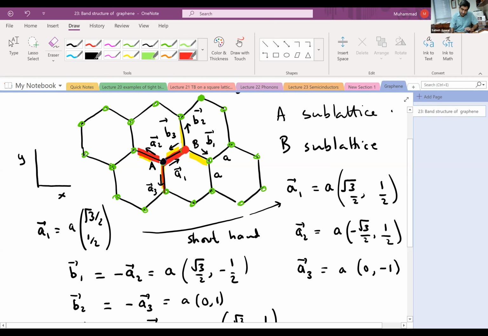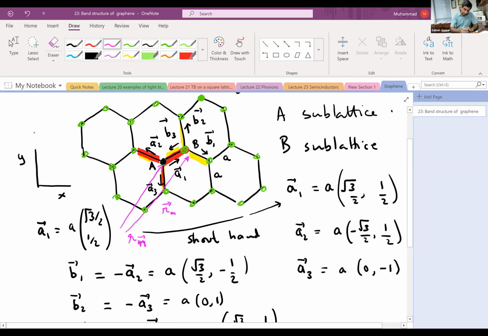So interactions are possible when I have a position vector Rn, sorry, and I have another position vector which is Rm.